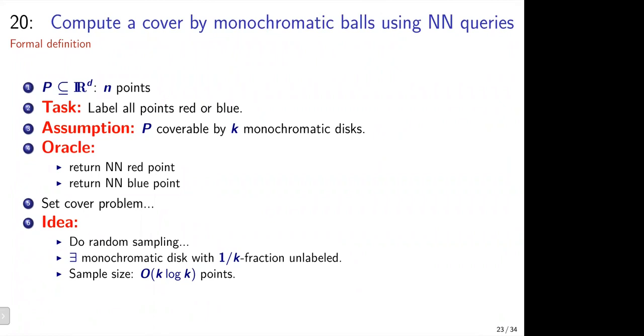And the intuition is that if we find such a disk, we're going to add it to our cover because it's going to cover a lot of points, except that we need to make sure that it covers not only the same color of points in the sample, but that all the points it covers in the original input are all of the same color. And the sample size we need is K log K, if you think about it a bit for disks.